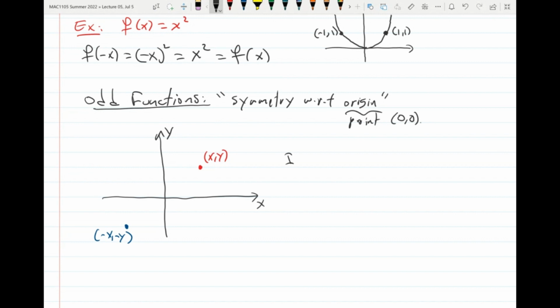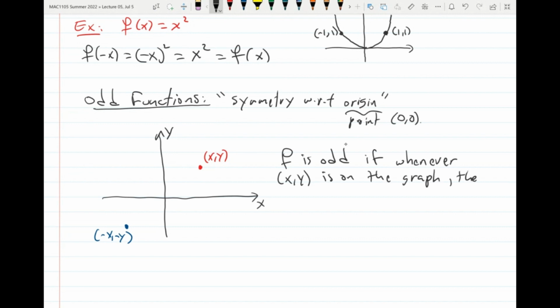So that means f is odd. This is the definition: whenever x comma y is on the graph, then negative x comma negative y is also on the graph.